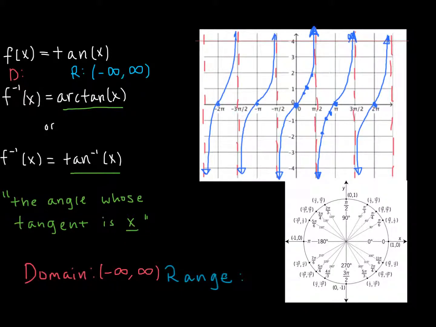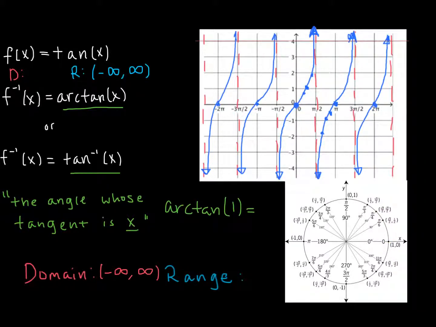So just as an example, let's find the arc tangent, or inverse tangent, of positive 1. If I'm looking at my unit circle, I'm trying to find the angle whose tangent is 1. And this is pretty simple, right?